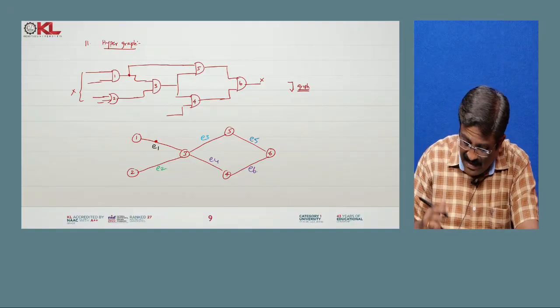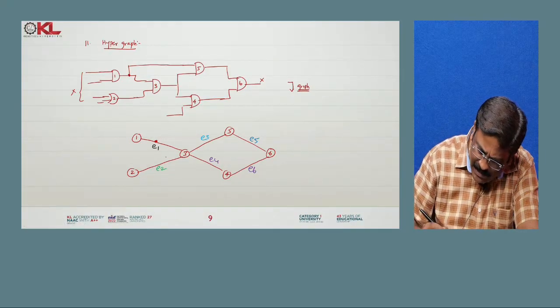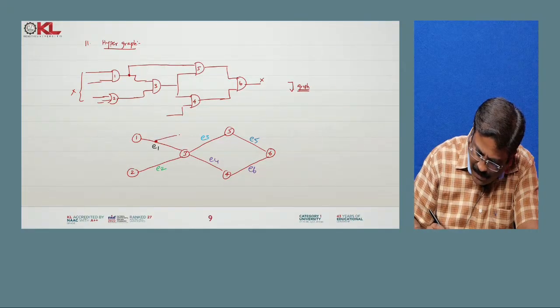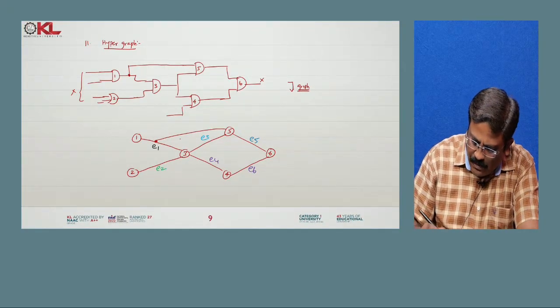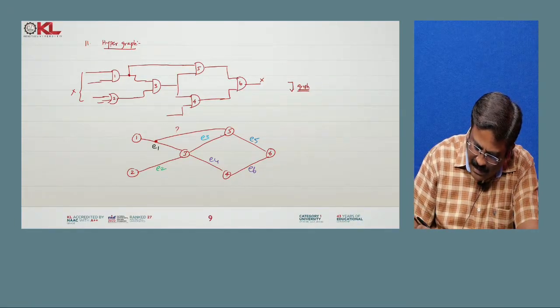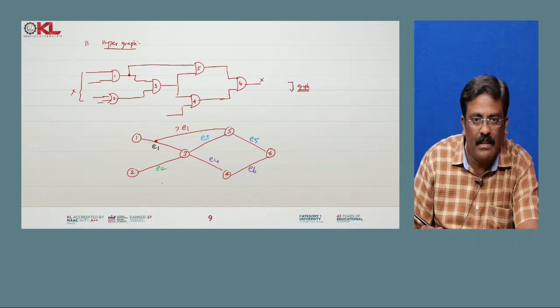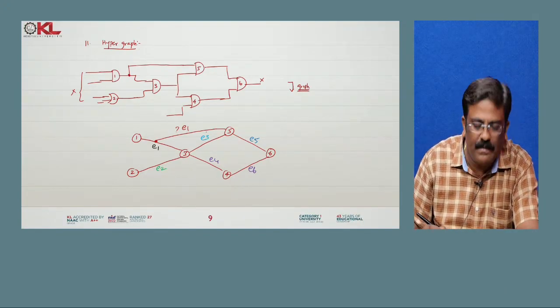So this is E1, and from here it is tapped and gets connected. This edge I won't name as some other E; we can name it E1, because it is tapped from E1. Am I correct?